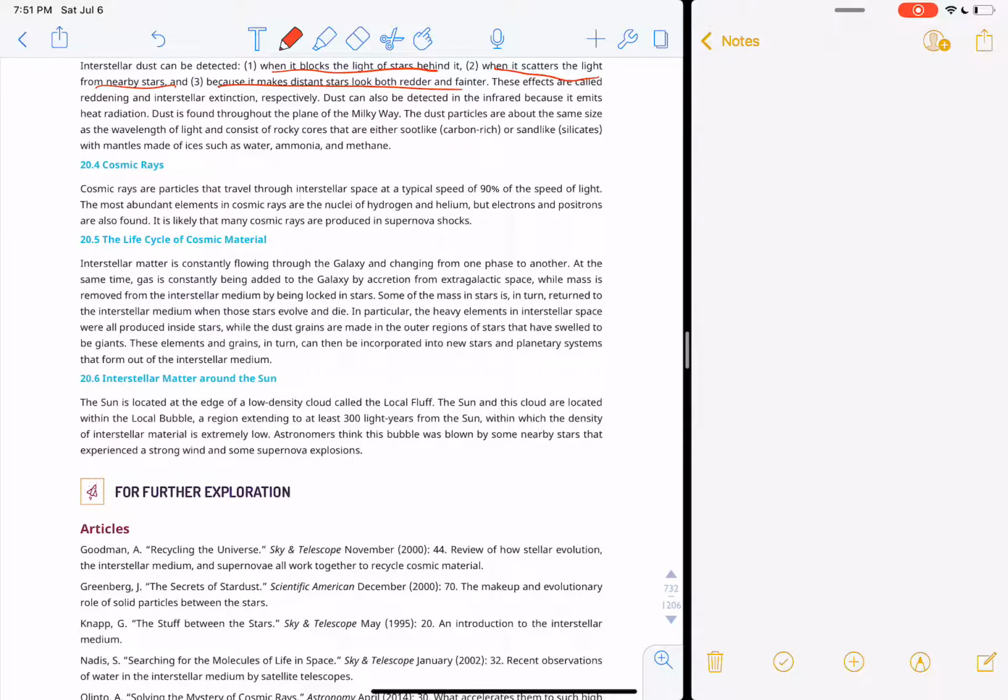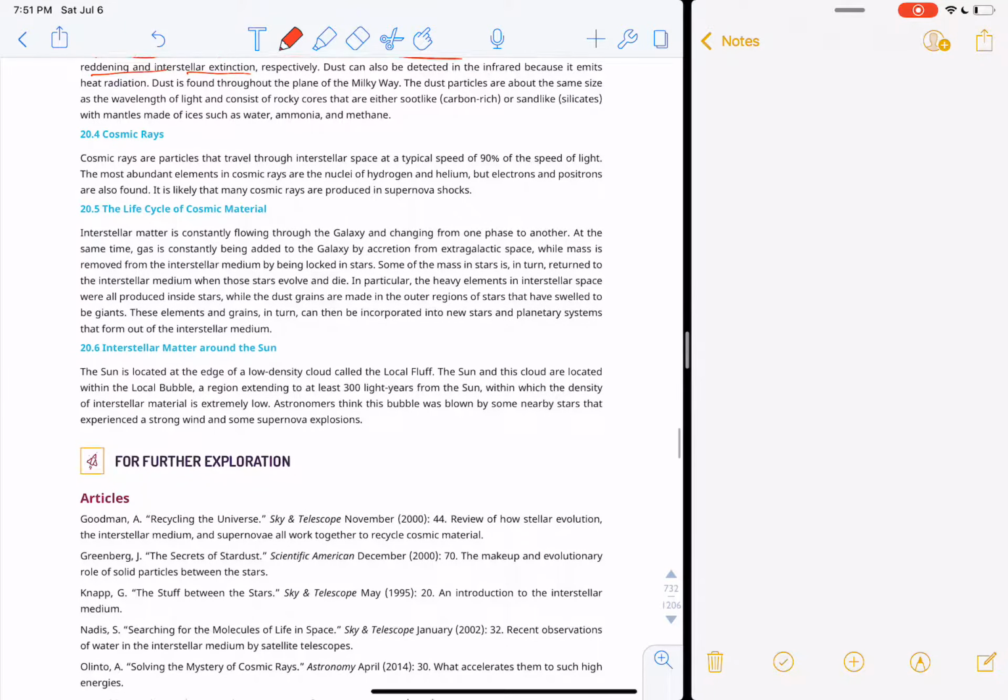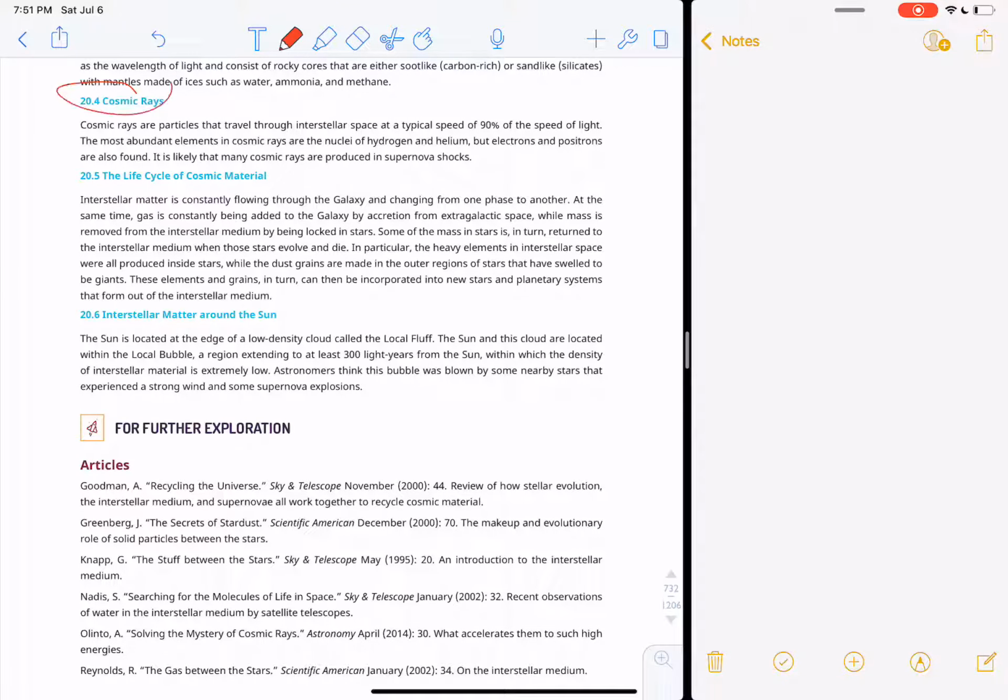And there's reddening and interstellar extinction there. And cosmic rays are particles that come from space that are very high energy. They could be a proton or a proton and a neutron.